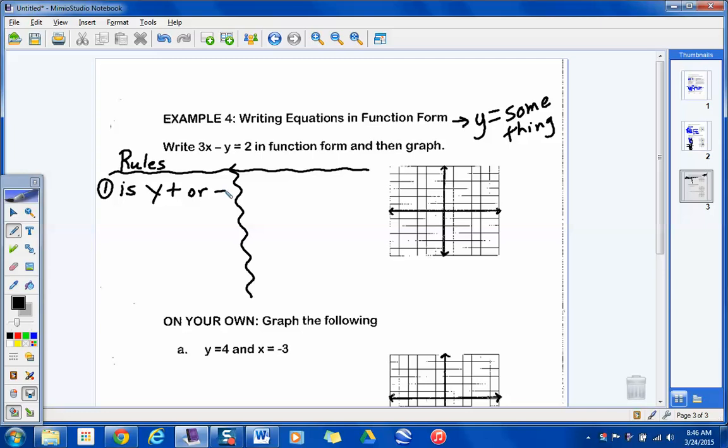Okay. Here's what I'm going to say. If it's positive, leave it alone. If it's negative, we're going to write switch all signs. Okay, so that's rule number 1.